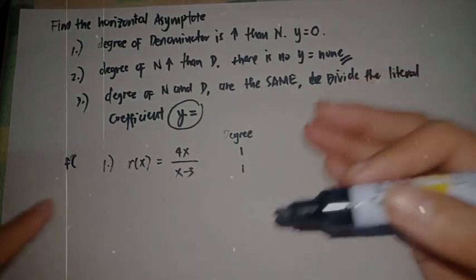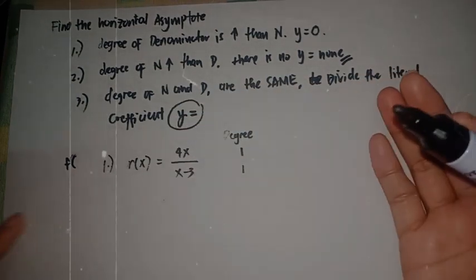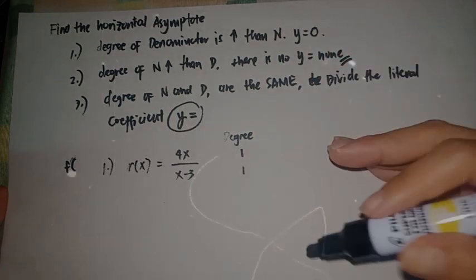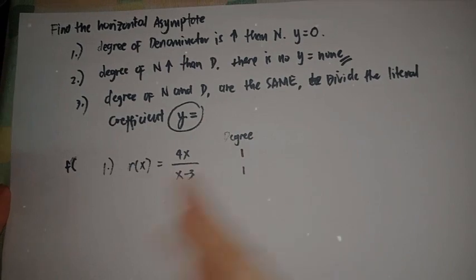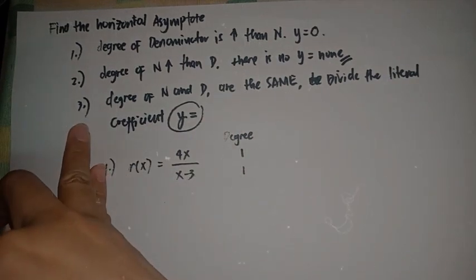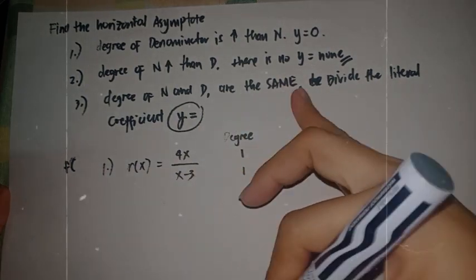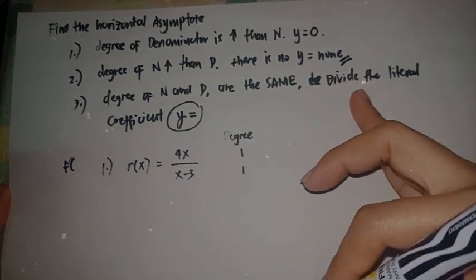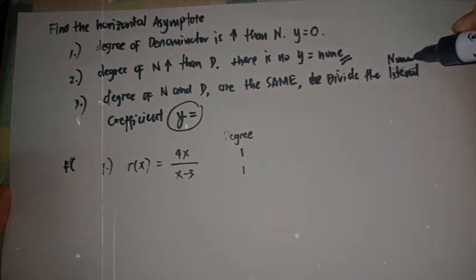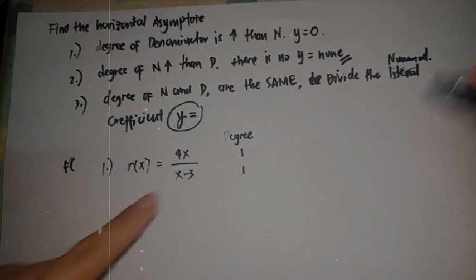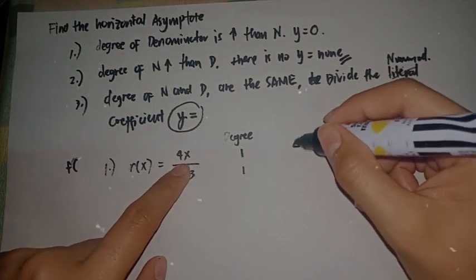Now, which case does our rational function fall? Is it on case number 1, 2, or 3? Since they are the same, it means we fall in category number 3. So the degree of the numerator and denominator are the same. So that means we have to divide the numerical coefficient. The numerical coefficient of our numerator is 4.